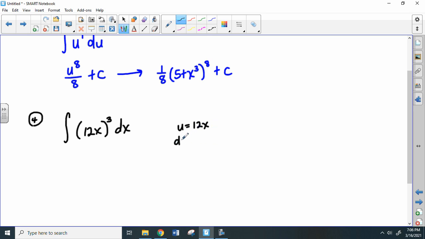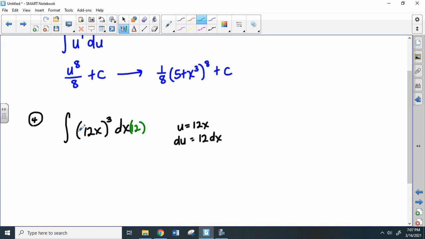Sometimes it's a guess and check type thing. So du is going to be 12 dx. I've got the dx, and remember, I can compensate for a missing coefficient. I can compensate for the 12 by multiplying by 12 as long as I multiply by 1 over 12 as well.